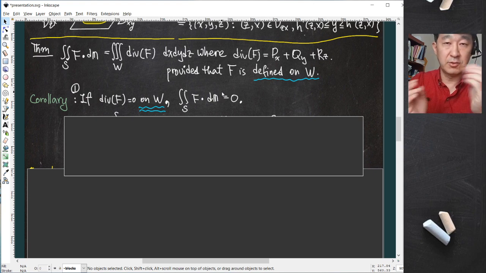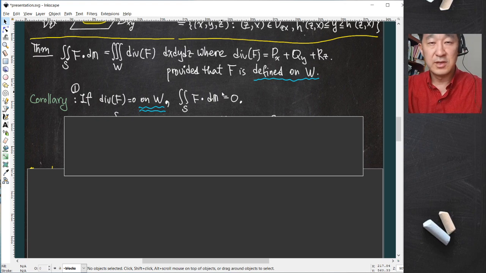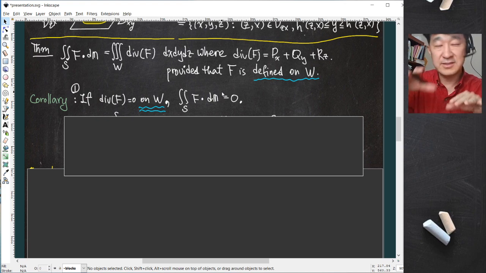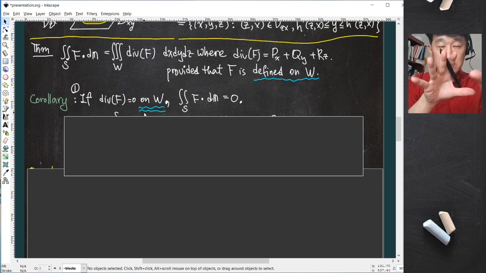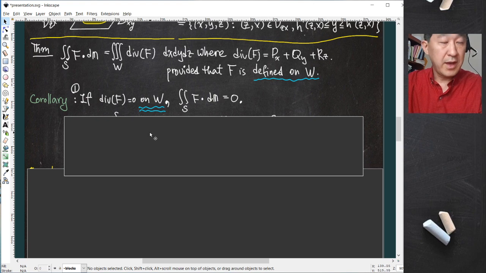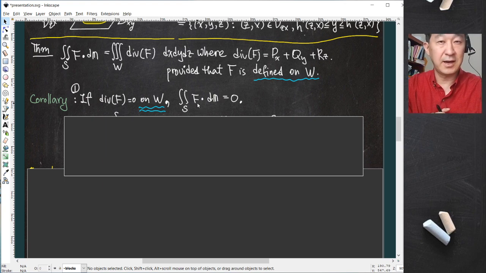Unless there's a sink or something like that, such that it disappears somewhere else. Other than that, it's always going to be the same. So it is capturing that kind of phenomenon. If that vector field flow happened to have a divergence of zero, then it is capturing that phenomenon. Everything, the number of particles inside, in and out together, is going to be zero. There's no change. That's what it means.